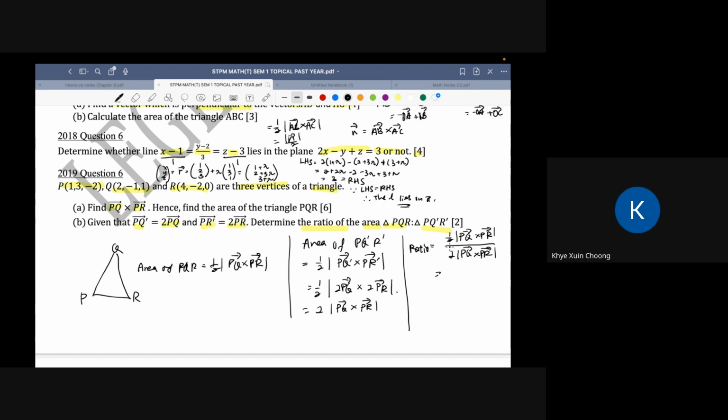You should get this to cancel out. Half divided by 2 is a quarter. Okay, this one is a little bit special.